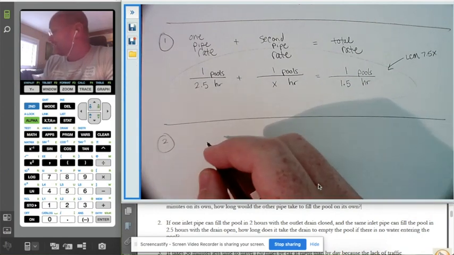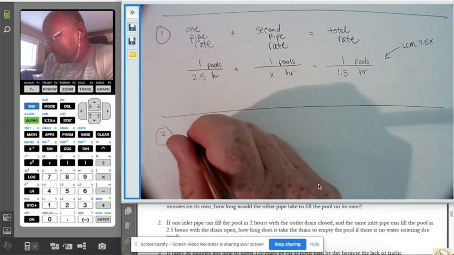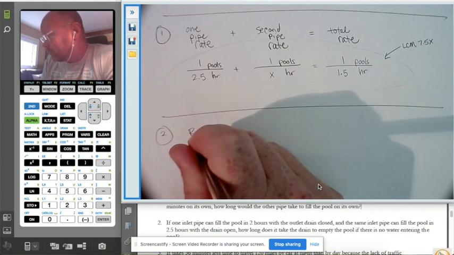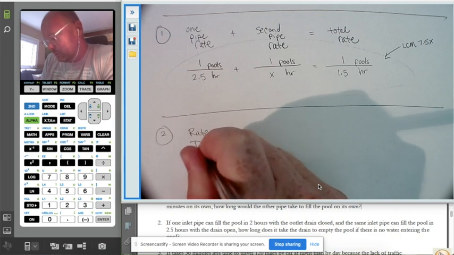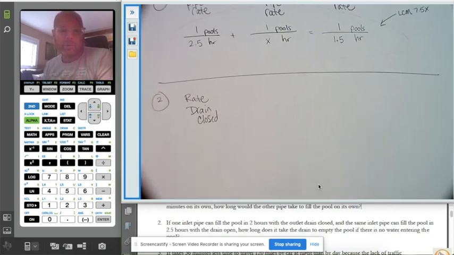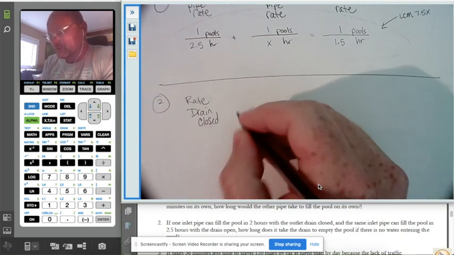So how I'm going to think about this problem is I'm going to have the rate at which the pool can fill with the drain closed, like how quickly the pipe can fill the pool when the drain is closed.